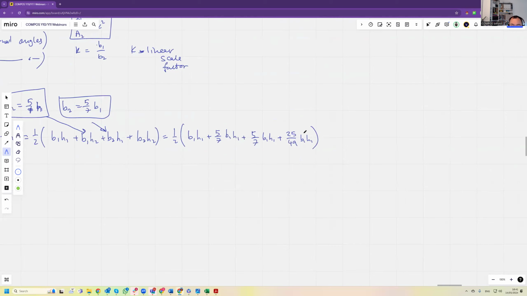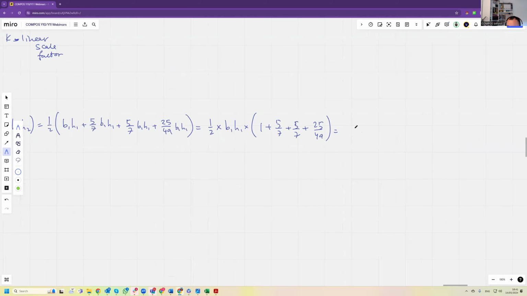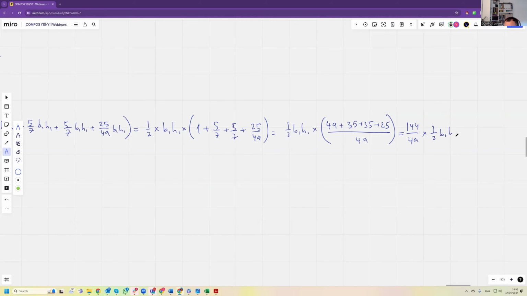When I add these, it's going to be 1/2 multiplied by B1 H1 multiplied by 1 plus 5/7 plus 5/7 plus 25/49, and that is 1/2 B1 H1 times (49 plus 35 plus 35 plus 25) divided by 49, which is 144 over 49 multiplied by 1/2 B1 H1.